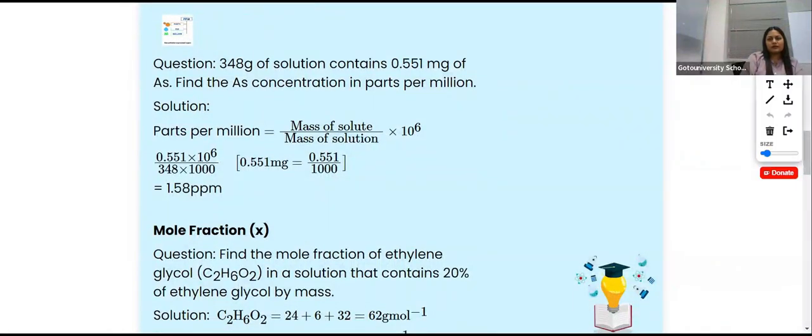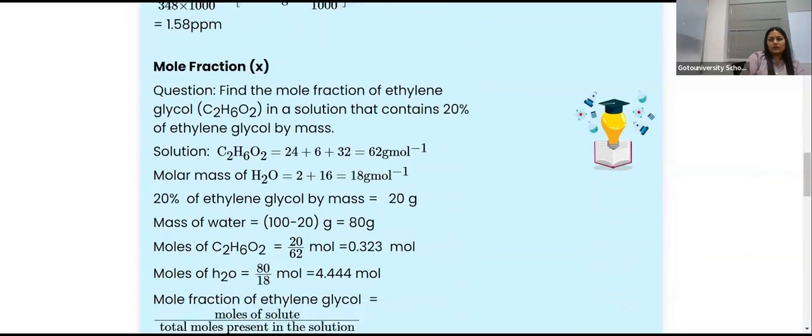What is the solute? This is acetylene. And the mass of solution is 348 gram, multiplied by 10 raised to power 6. You will get the value for parts per million, right?